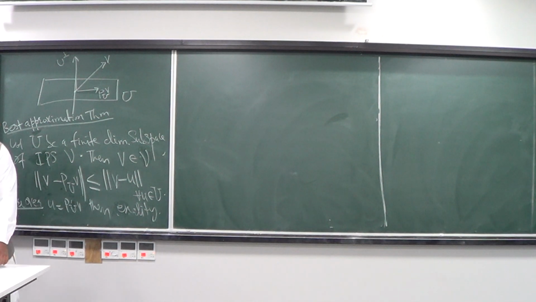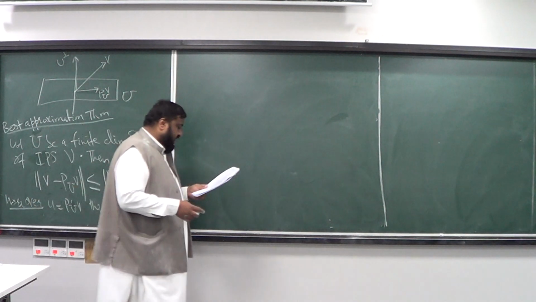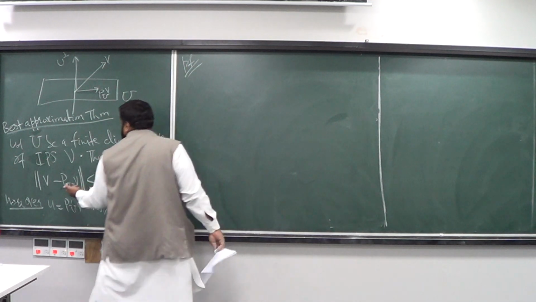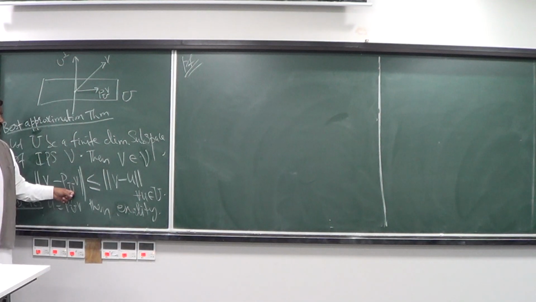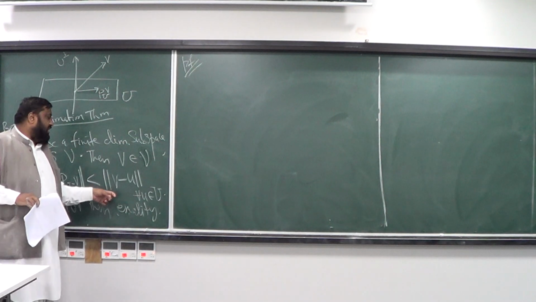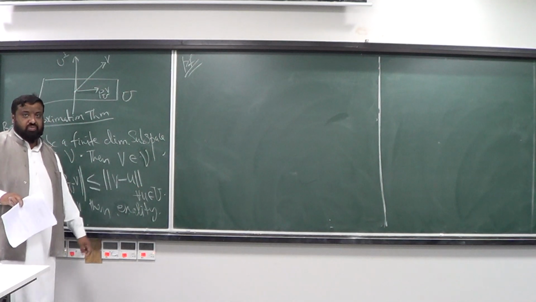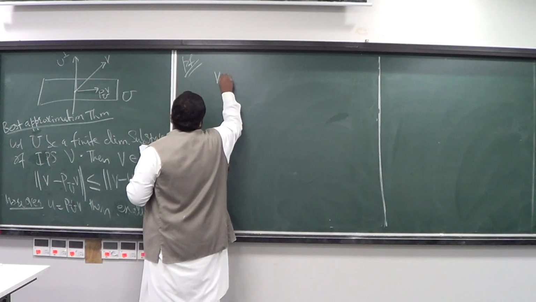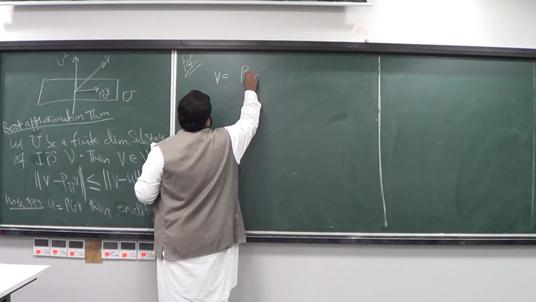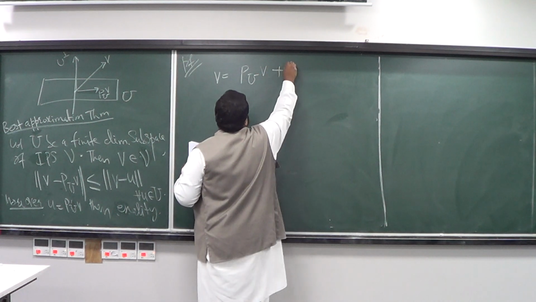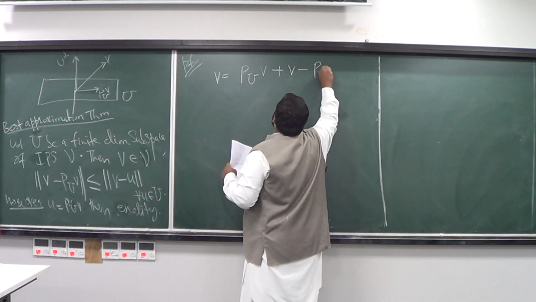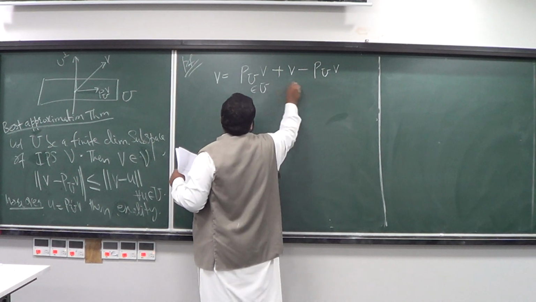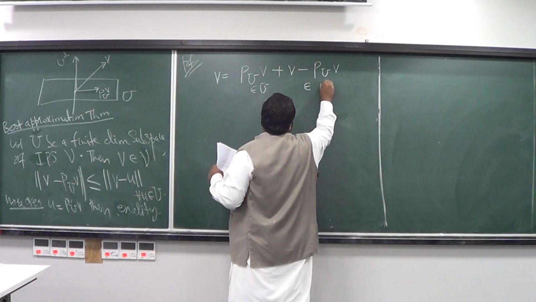Alright, so let's quickly prove this result: why the difference of V from its orthogonal projection is less than or equal to the difference of V from any other vector in U. This is the case because every V can be written as the orthogonal projection of V plus V minus the orthogonal projection of V, where the projection is from U and the difference is from U perp.